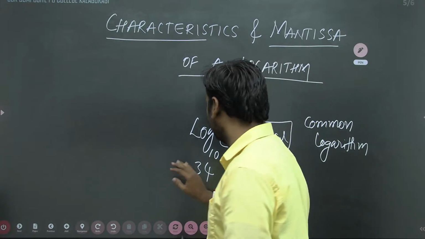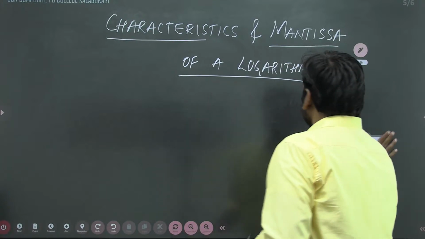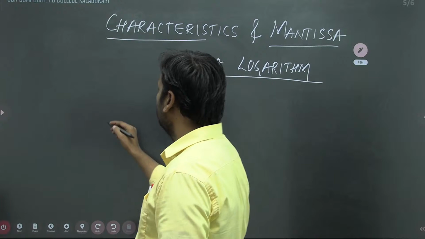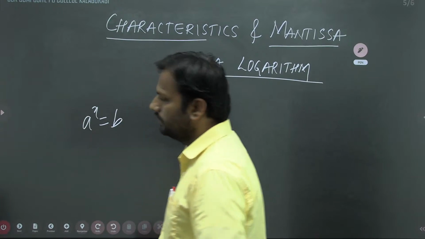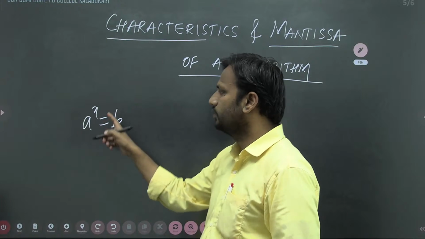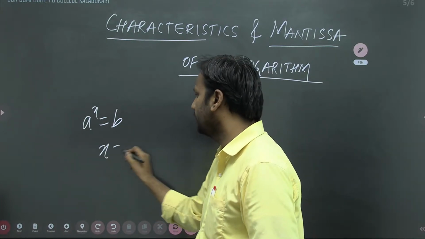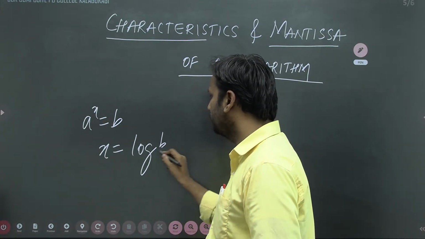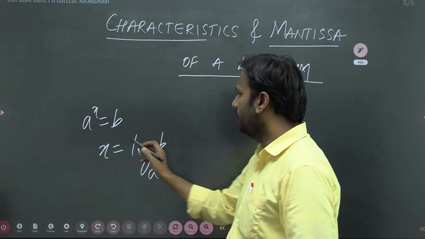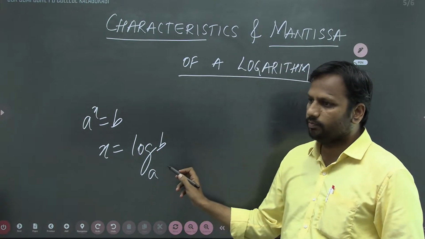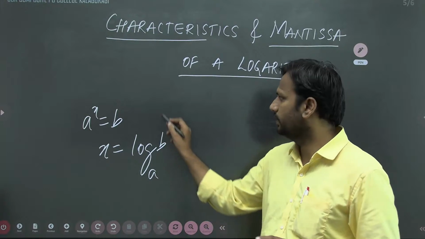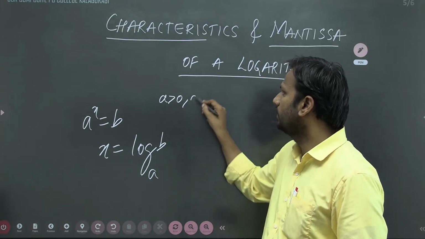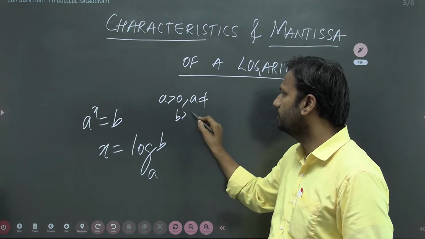Now let us discuss here. As we said about the definition in exponential form, a raised to x is equal to b, then x is nothing but what here? Logarithm of b to the base a, where a should be a positive real number other than 1, and b should also be positive.